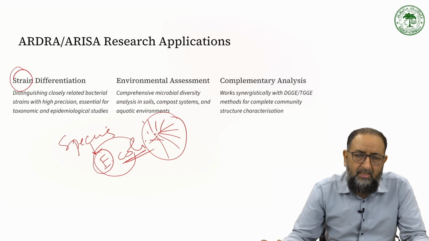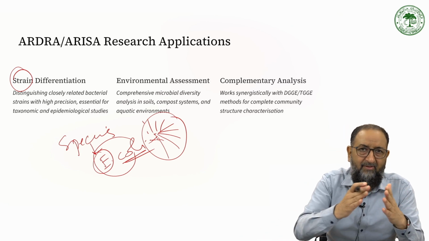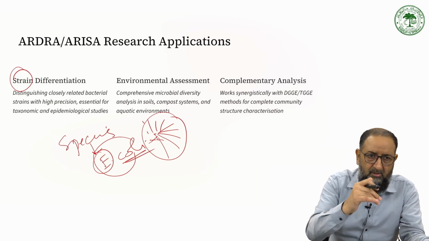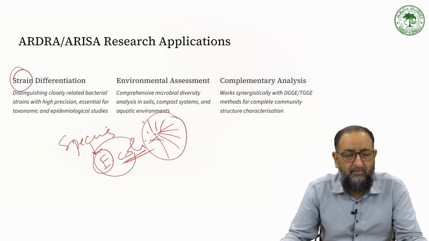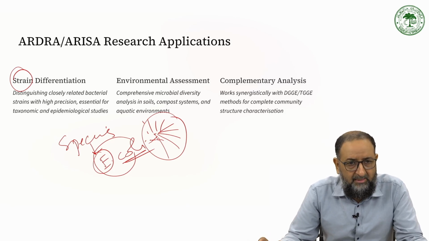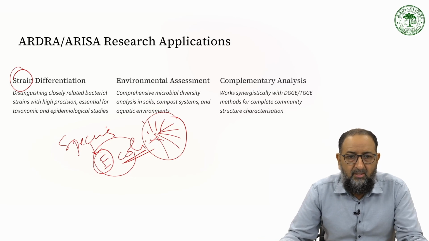These are very easily detected if they vary in terms of mutations and changes through this ARDRA and ERISA method. So, strain differentiation among related bacterial species with high precision is essential for taxonomic and epidemiological study.